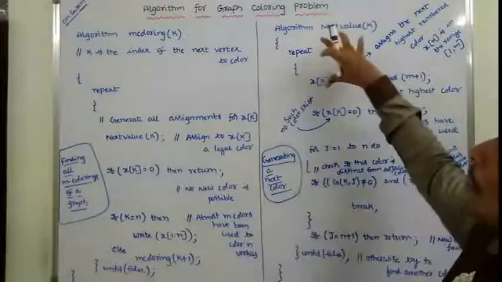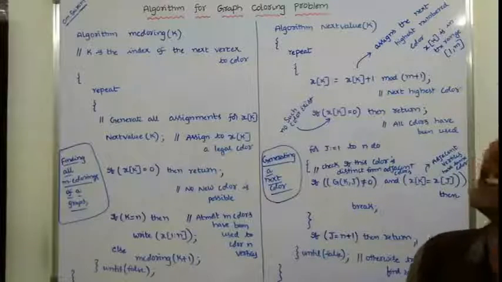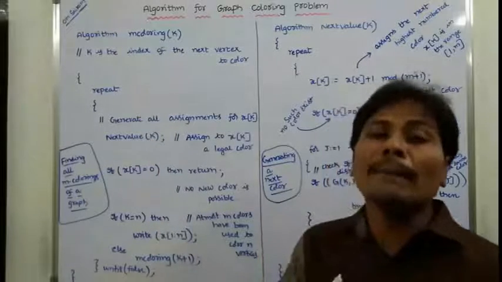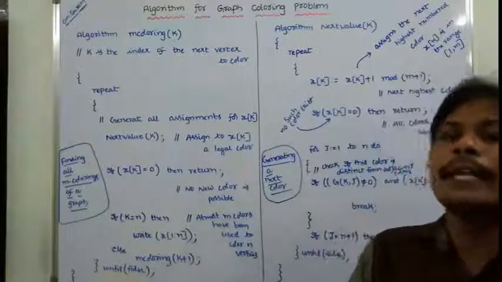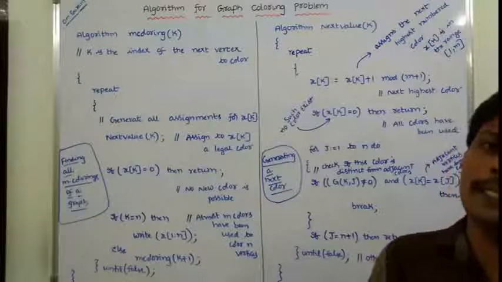This algorithm is used for generating the next highest number color, and for finding all m colorings of a given graph. That graph consists of n number of vertices.